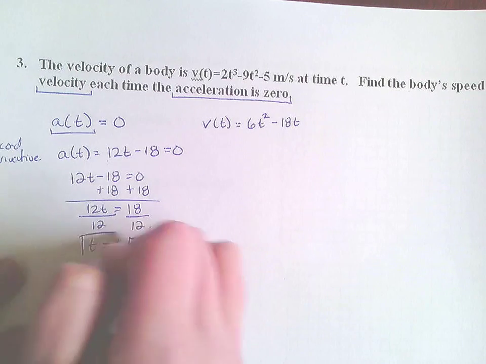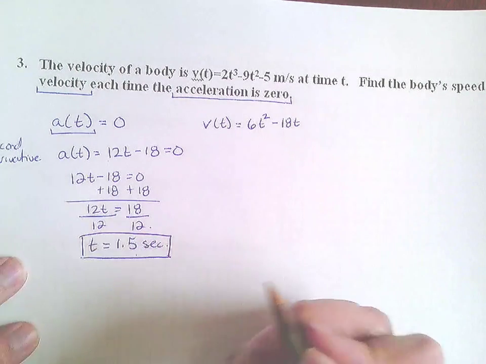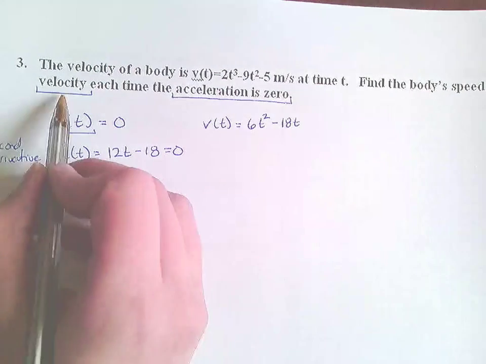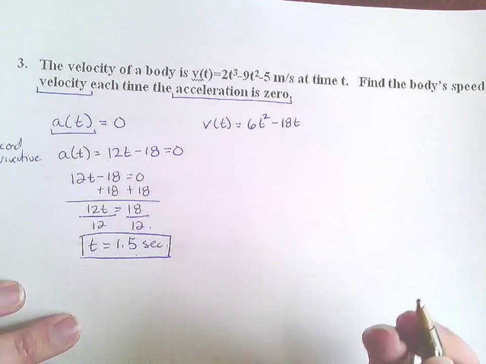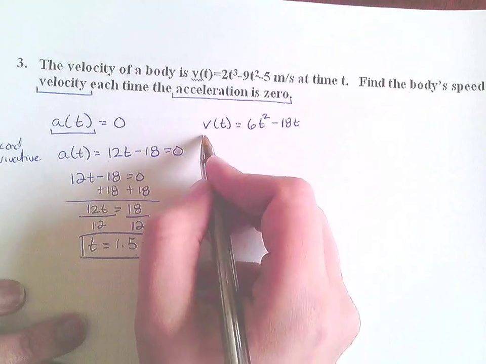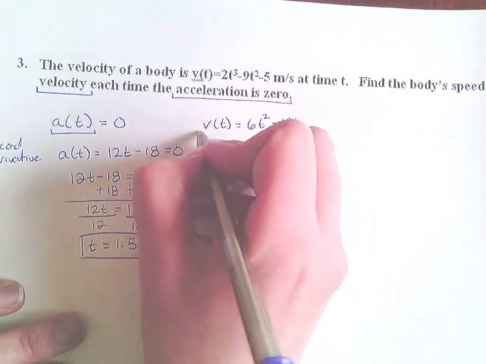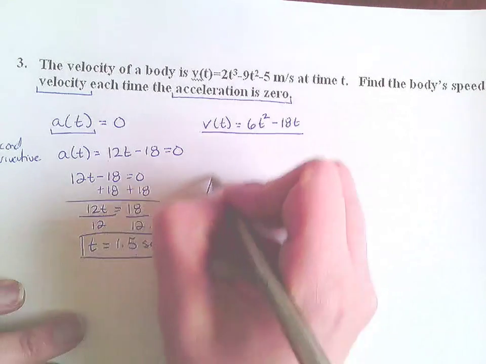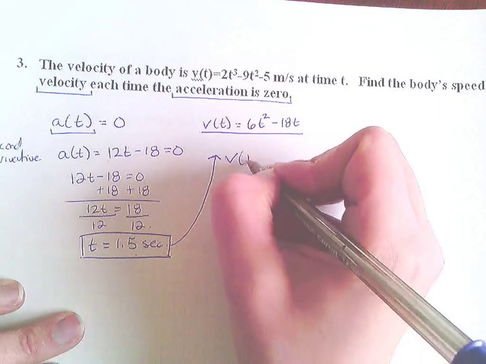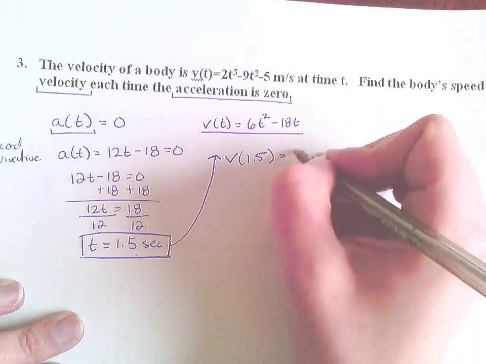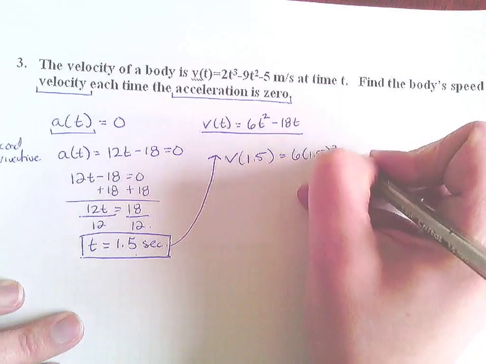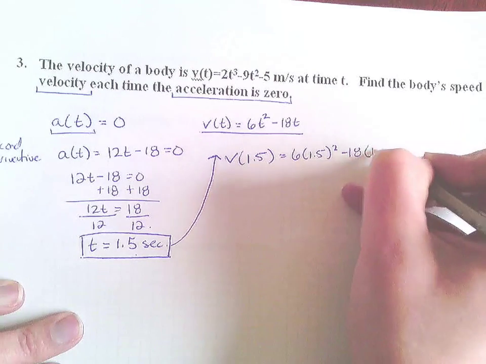So now that I figured out when acceleration is 0, I can find the velocity, right? And the velocity is, I've already figured it out. Velocity is this function. And the question is, v of 1.5 is equal to 6 times 1.5 squared minus 18 times 1.5.